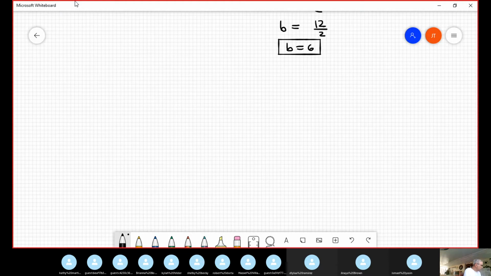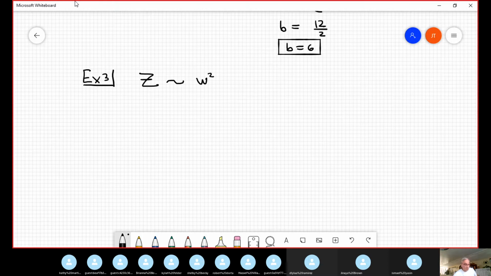Okay, let's do one more example. Example 3. Suppose capital Z varies directly as the square of W. Okay, let me use that symbol. That symbol means it varies directly as the square of W, like that.